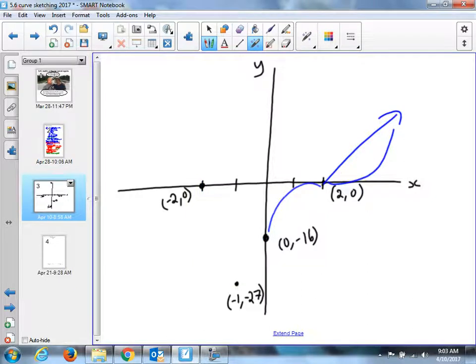Doesn't it kind of look like that then? So this is what's going through my mind with those stick diagrams. So I'm going to try to draw my best here, deliberately make a change in concavity at 0, negative 16, and change in concavity at 2, 0.